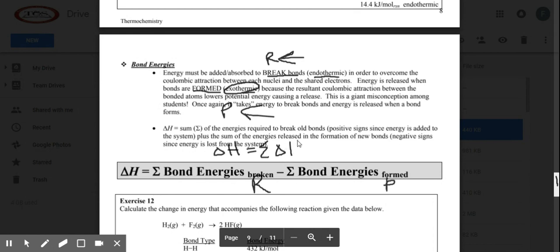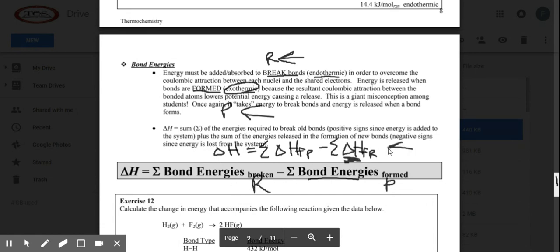Hess's law is the sum of delta H of formations from my products minus the sum of delta H of formation of my reactants. Notice how, first of all, this isn't dealing with delta H of formations, it's dealing with bond energies, but this equation is reactants minus products.